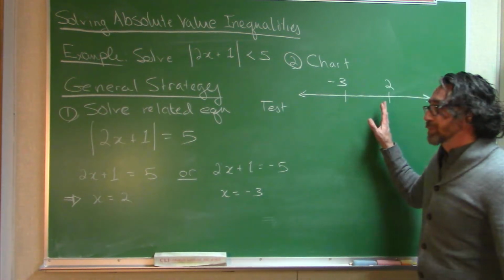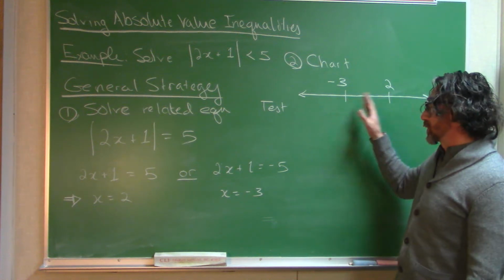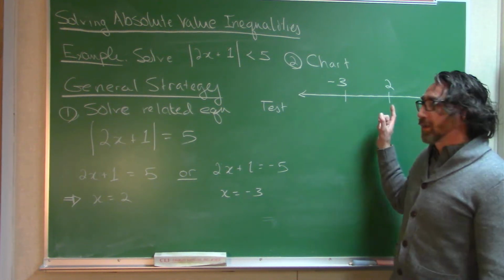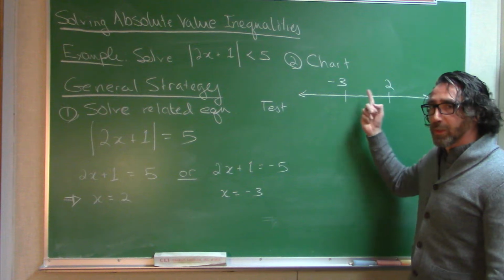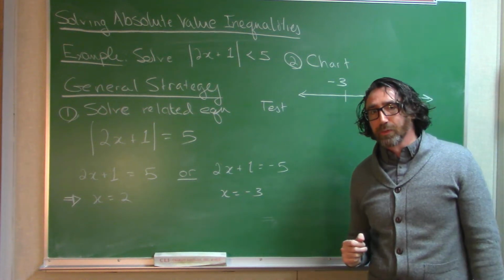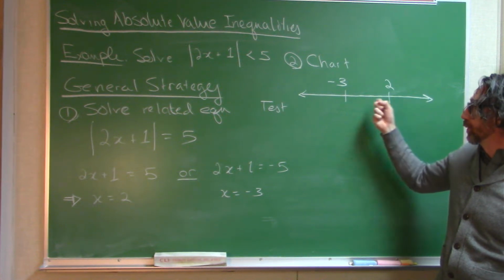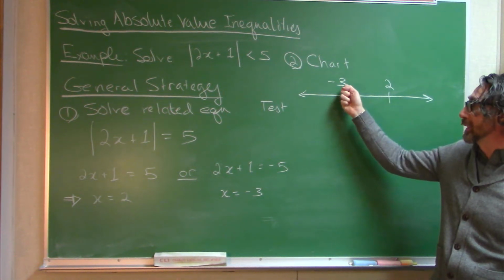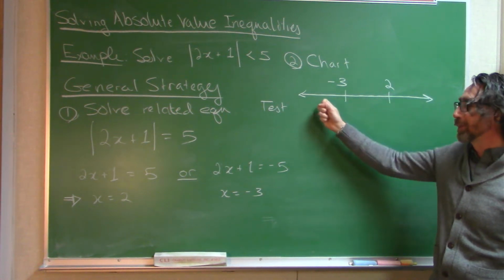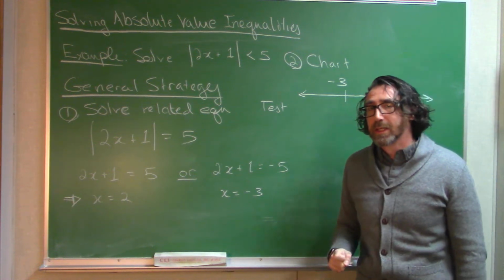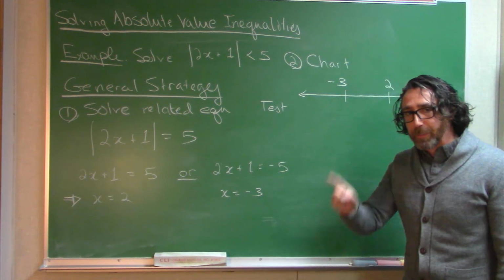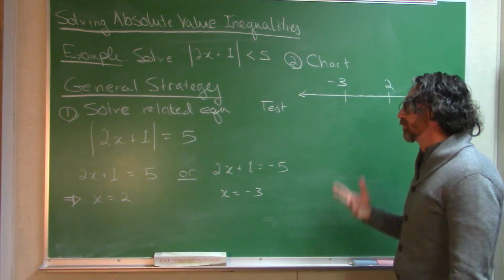I'm going to pick a test point in each of these regions. So my solutions divide the number line up, in this case, into 1, 2, 3 separate regions. This region is everything greater than 2. This region, everything between negative 3 and positive 2. And this region, everything less than negative 3. We pick one representative from each region.